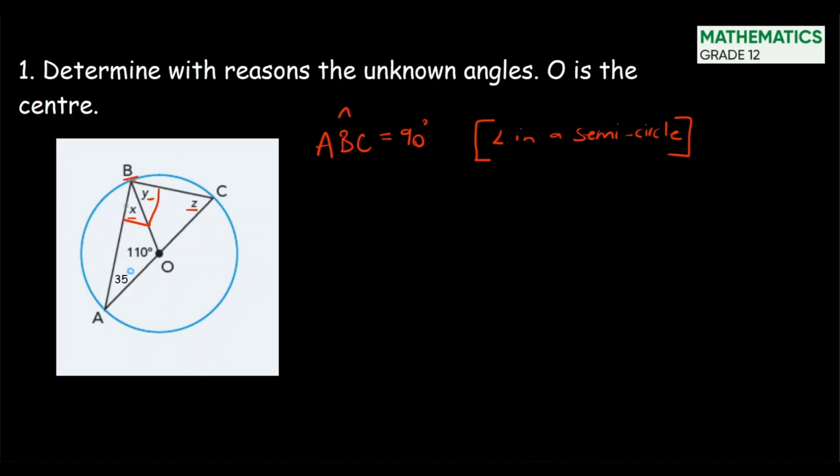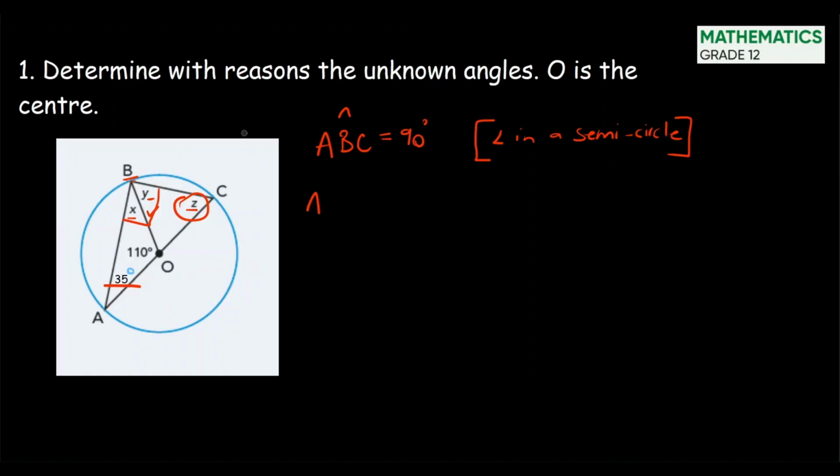So now that we know that that's 90 degrees, that can help us find the size of angle Z. How do we do that? We know that the sum of 35 plus 90 plus Z should give us 180. Why are we saying that?